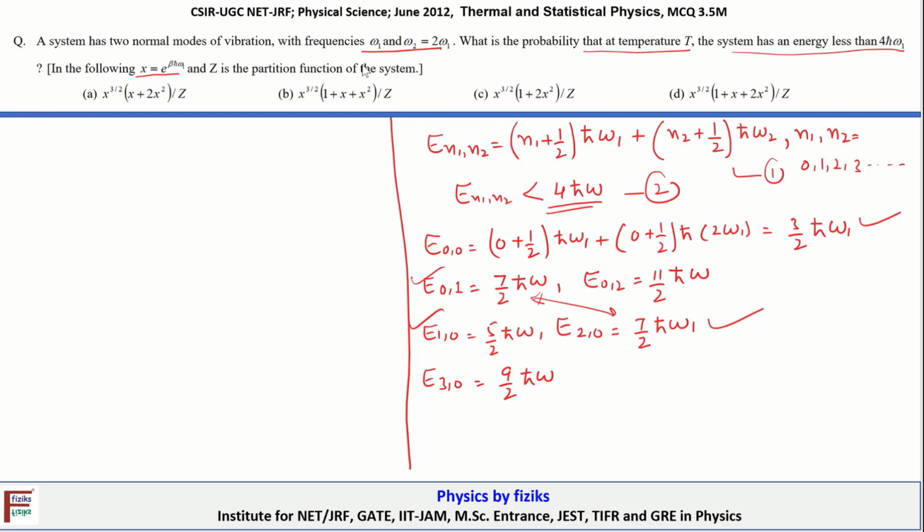So with the help of this we can now quickly determine the probability.